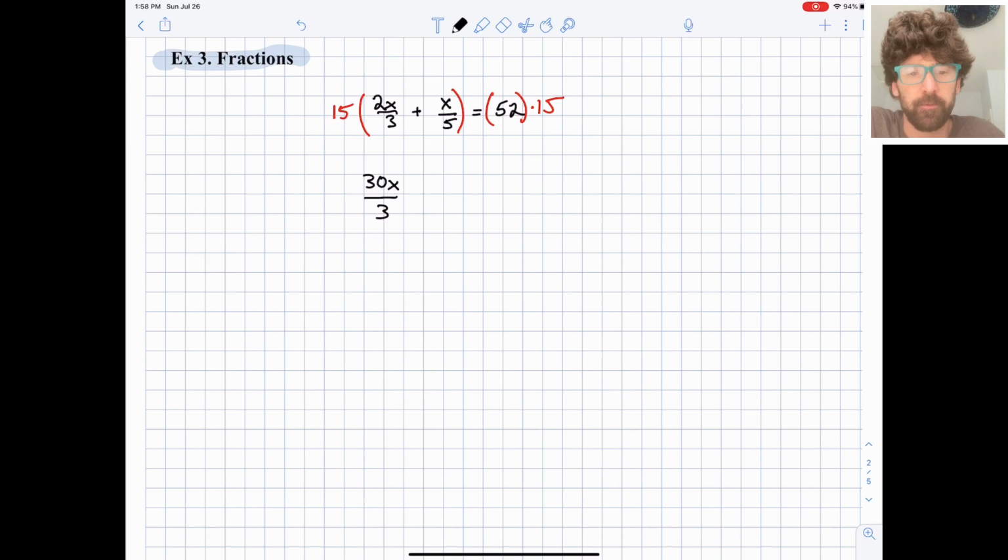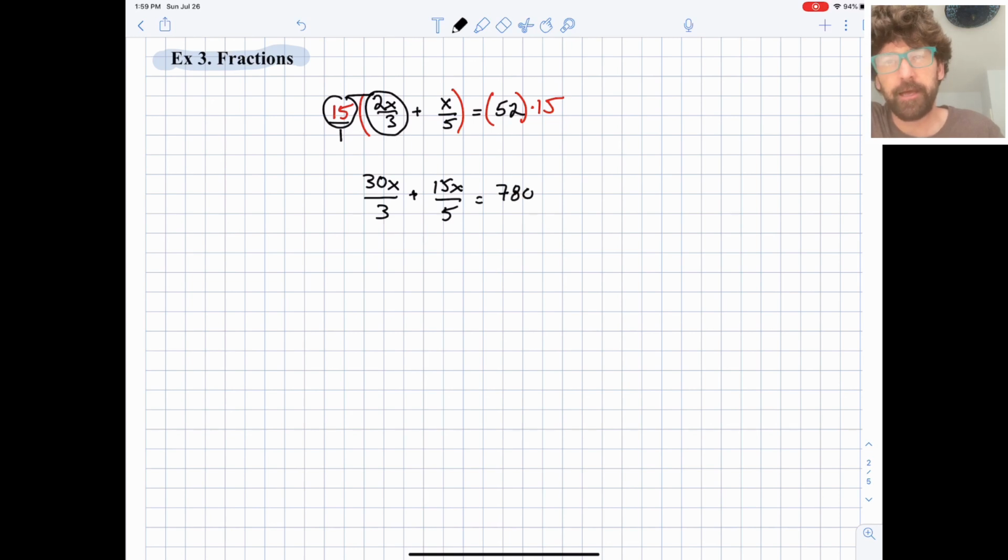Just remember that when we multiply the 15 times the 2x over 3, that's 15 over 1, and we're multiplying the numerators by each other and the denominators as well by each other. So we don't want to multiply the 15 by the 3. Plus 15x over 5 equals 52 times 15, 780.